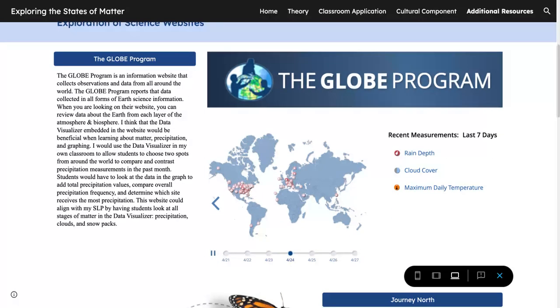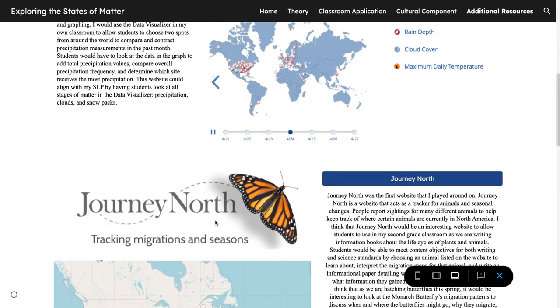And then for the GLOBE program, students could, as we talk about liquids in the world around us, look at precipitation recently through their data visualizer.